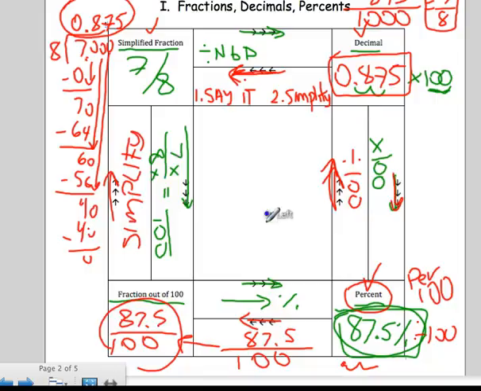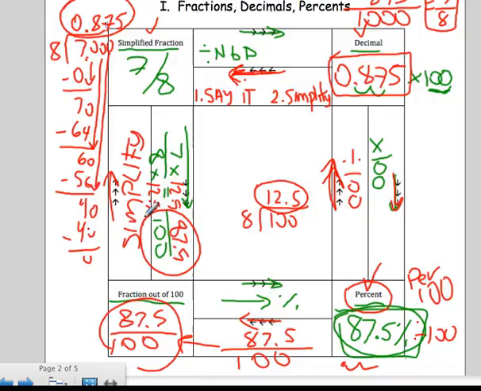Well, if you divide 100 by 8, it's going to get you 12.5. It's just a valuable piece of information. So if I multiply 8 times 12.5, it gets me 100. And if I multiply 7 times 12.5, it'll get me 87.5 over 100.